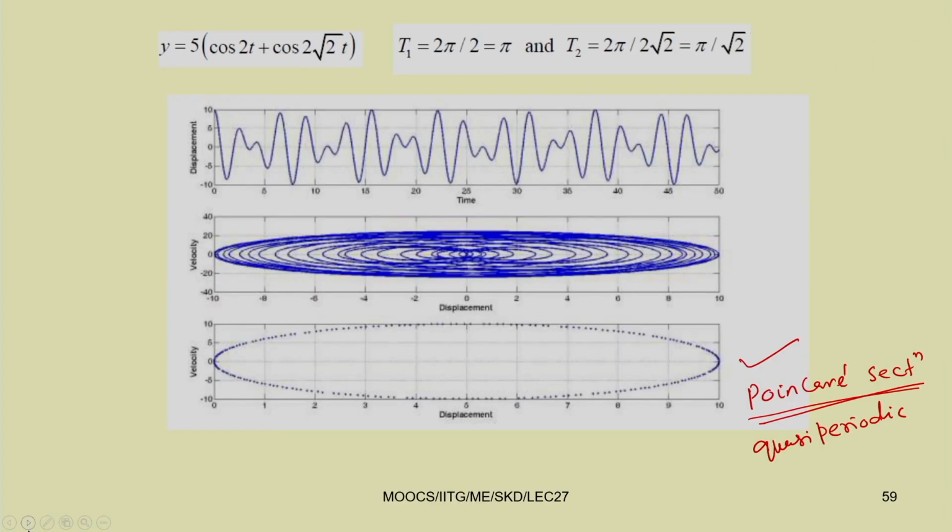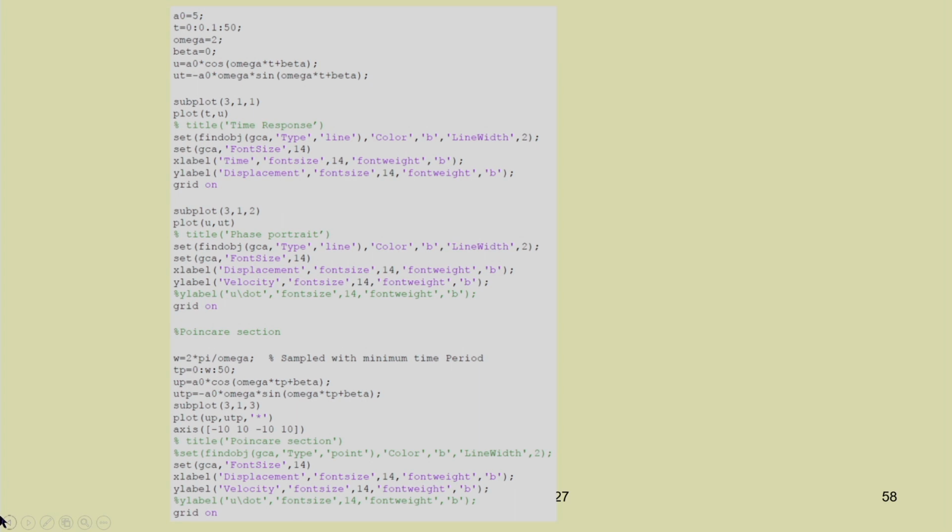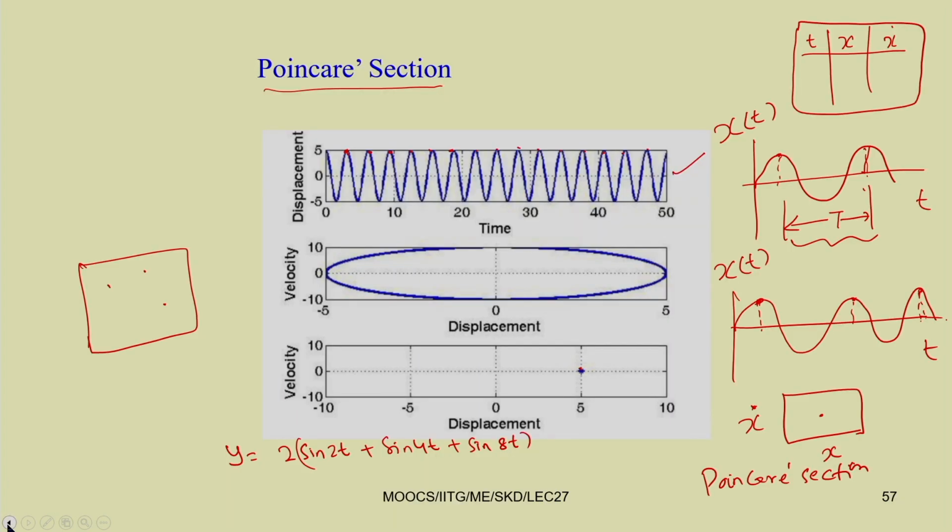In this case you have 3 periods, and if you plot the Poincare section, you will get 3 points. For a 2 periodic response you will get 2 points, and for a 3 periodic response 3 points. Here this is omega 1, this is omega 2 and this is omega 3.